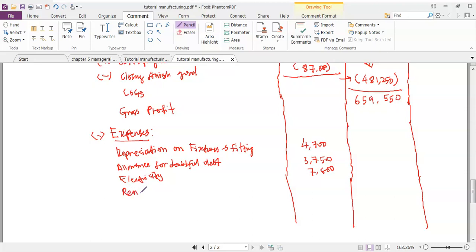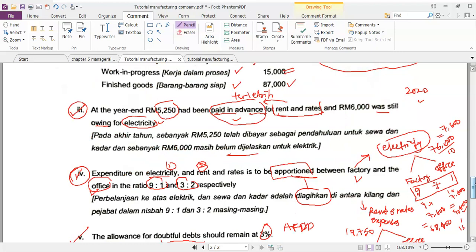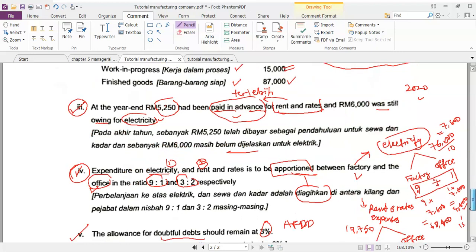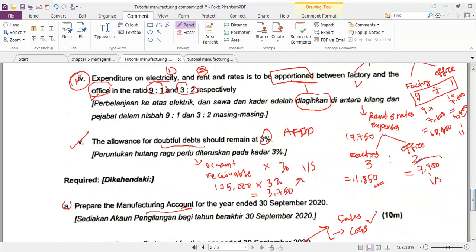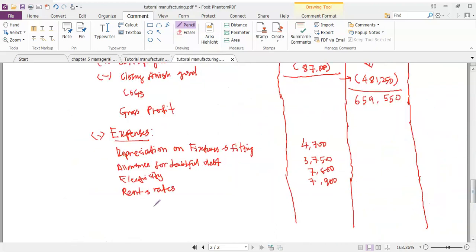So how much is our rent and rates? 7,900, isn't it? Here, 7,900. Okay, 7,900. So what else?